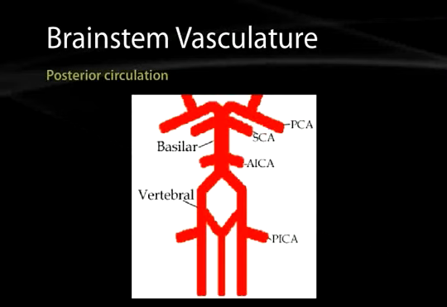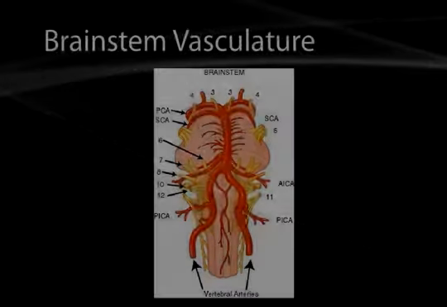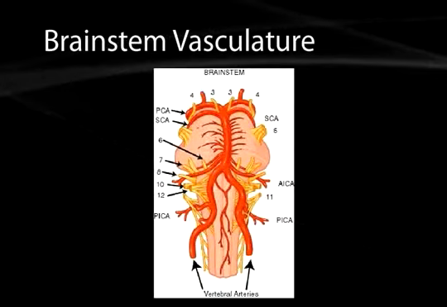Vertebrals come together and form the basilar artery, and then the next vessel that they give off is the AICA, or the anterior inferior cerebellar artery. Then right before they split into the 2 posterior cerebral arteries, they give off the superior cerebellar artery, SCA. And then finally they'll split into the PCA, posterior cerebral arteries, which will feed the posterior portion of the brain.